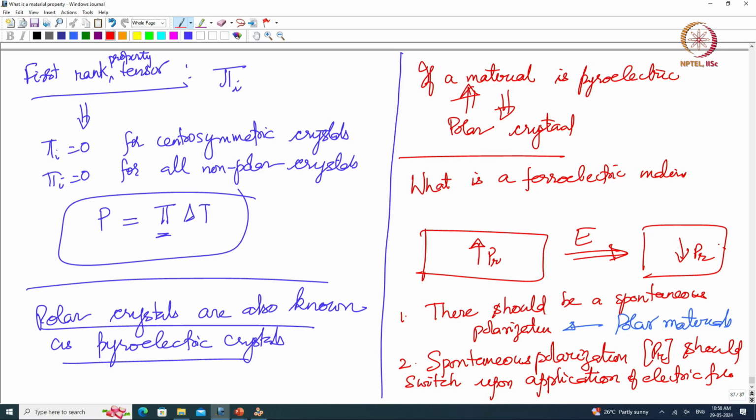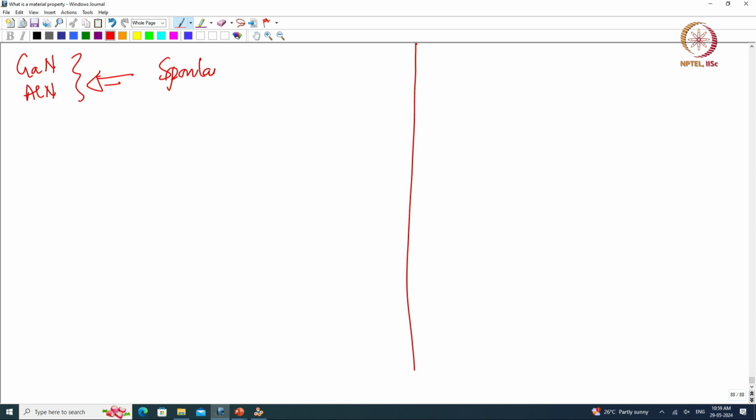And then I apply minus E and then it should come back. So, that is a ferroelectric material. It is not enough to have spontaneous polarization. You have many materials in fact, something like gallium nitride, aluminum nitride. All these materials have a spontaneous polarization.